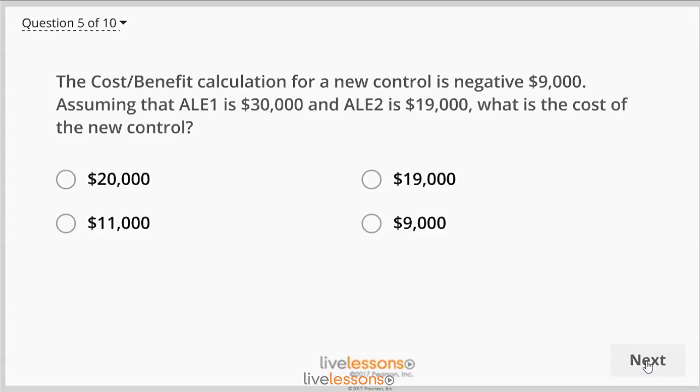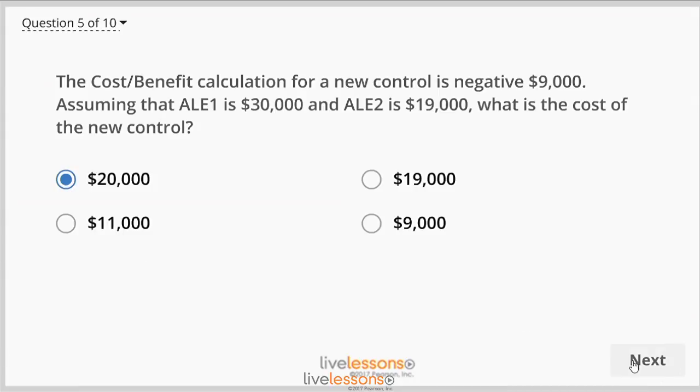And we know that in this case that $11,000 minus something, the cost of the new control, is negative $9,000. So the difference between a positive $11,000 and negative $9,000 is going to be $20,000. So you're going to want to write this one down. You've got a board or a marker you can write on. Write the equation, see what's missing, and then fill it in.